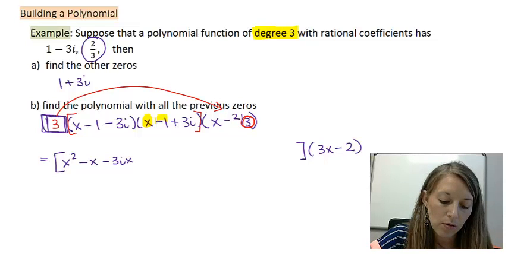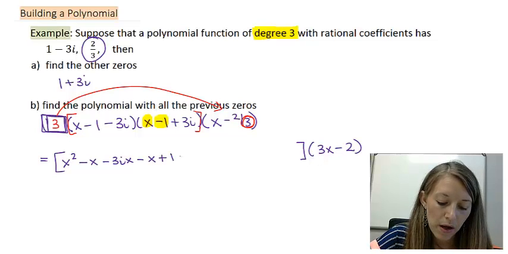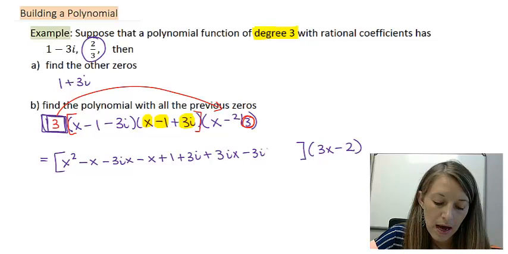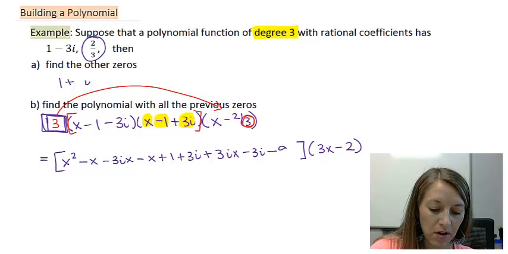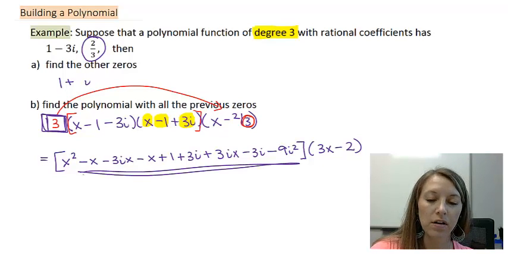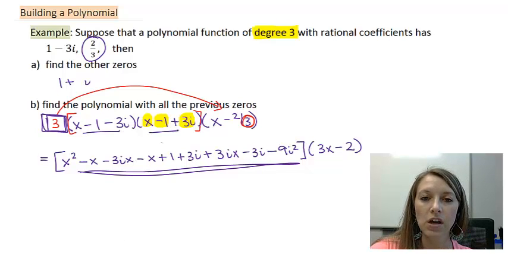Now distributing through my negative 1, negative x plus 1 plus 3i, and then distributing through my 3i gives me a positive 3ix, a minus 3i, and a negative 9i squared. If you count the terms, you should have 9 terms because that came from 3 terms times 3 terms. So that should at least tell you if you have the correct number of terms.